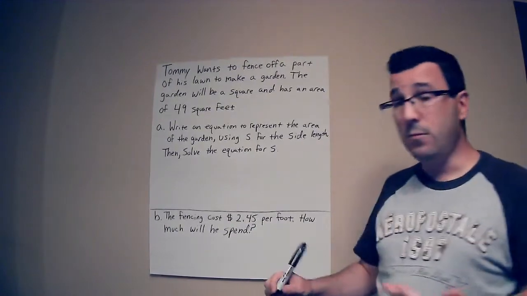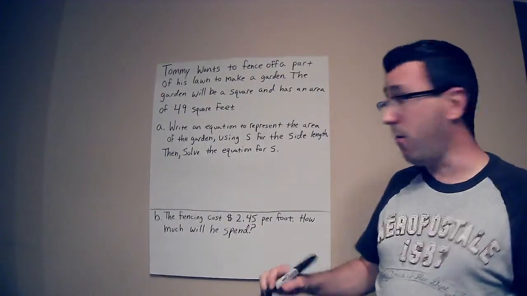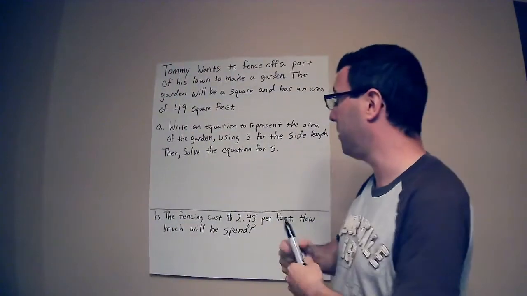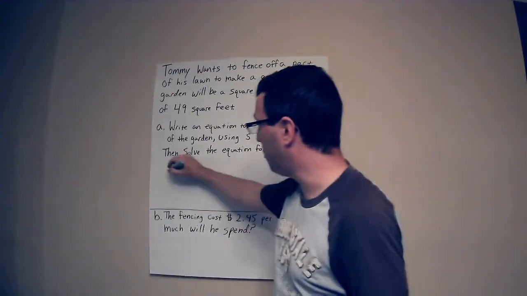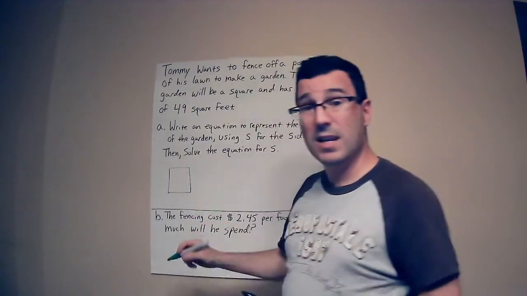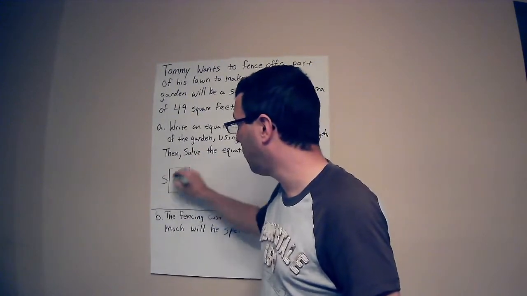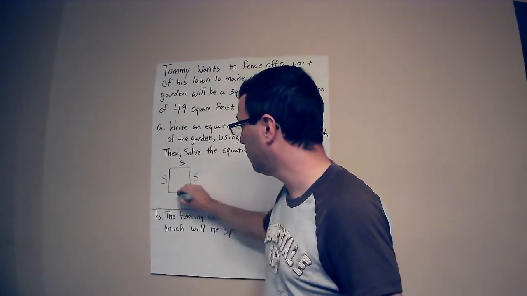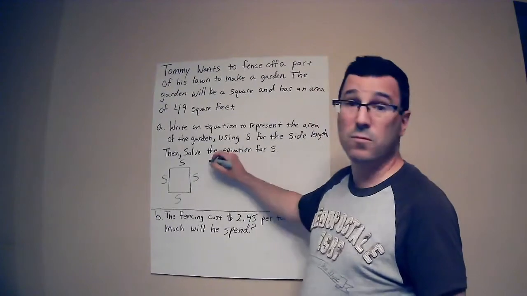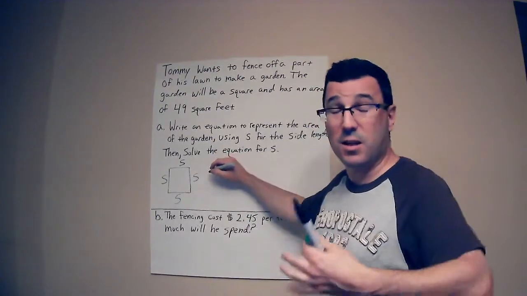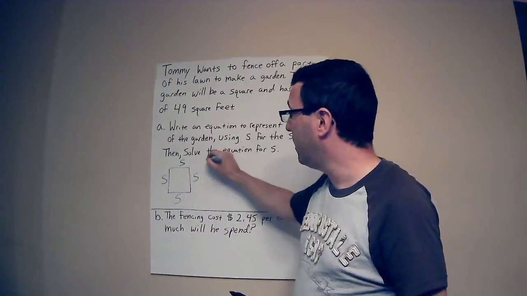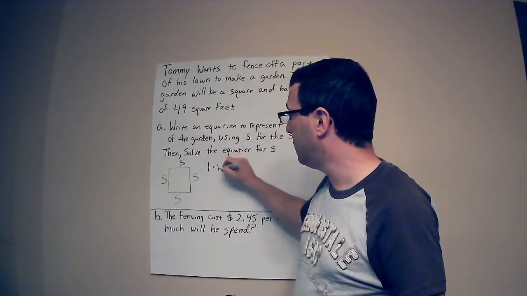So I'm going to draw a square. And it's saying the side lengths are all S. And if we remember, when we find the area of a rectangle, which a square really technically is, it's length times width.